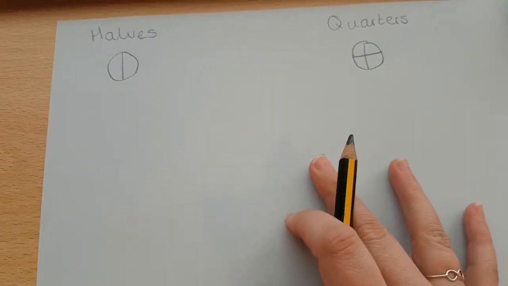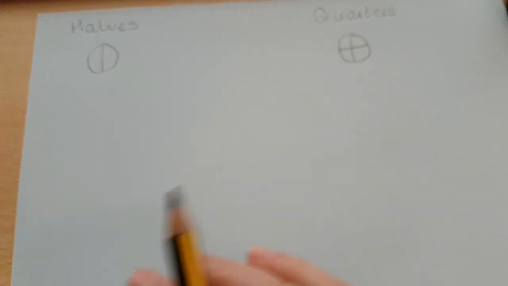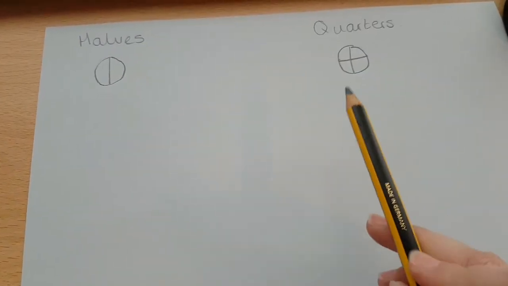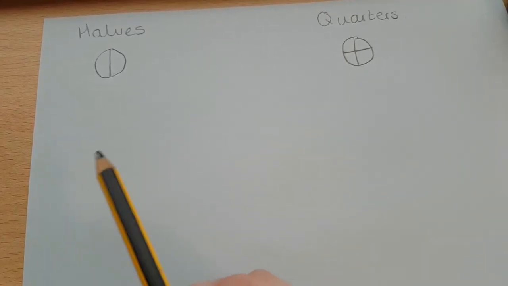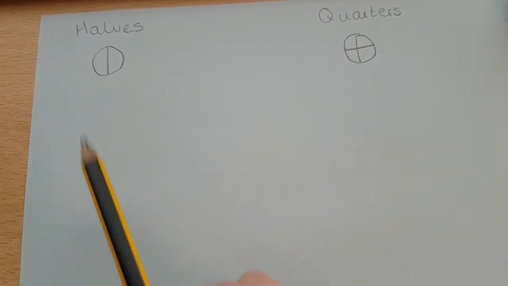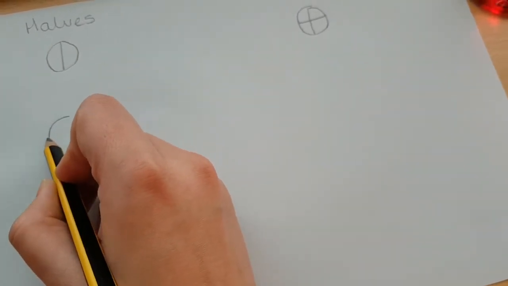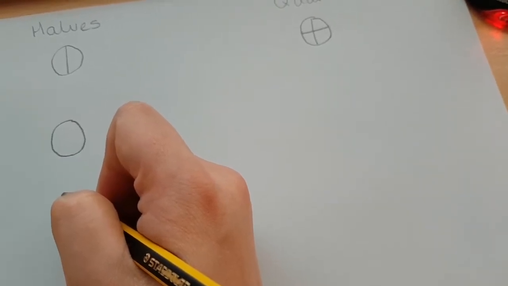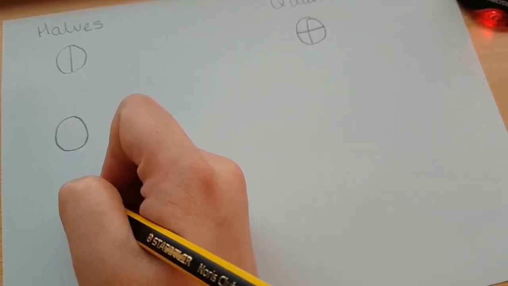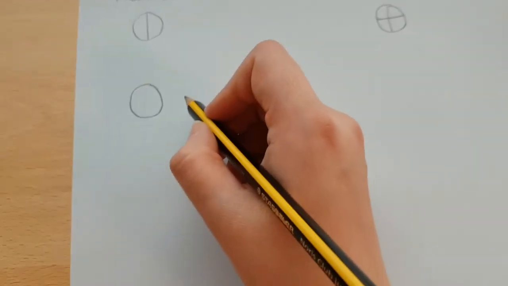Okay, so you can carry on, you can use the same method as what I've just shown you, as in halving it between 2 children or quartering it between 4 children, but just to really drill in that halving an amount is the same as halving a shape, I like to still draw the picture. So, say for example, the Easter Bunny has 10 Easter eggs and he wants to give half to me and half to Mrs. Bailey.